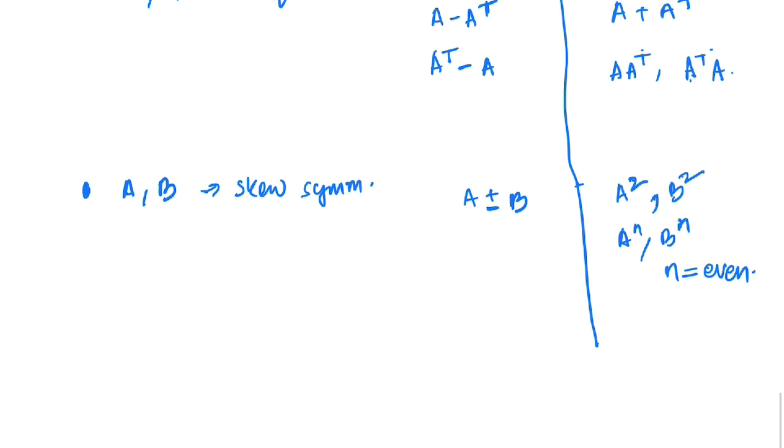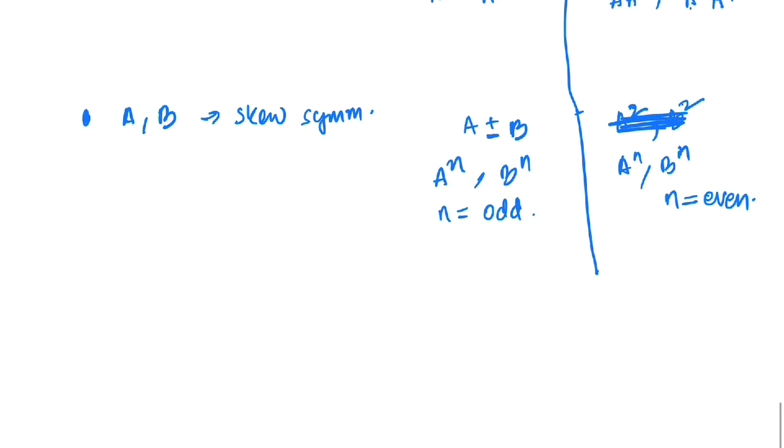And if we generalize, A to the power n and B to the power n will be skew symmetric if n is odd.